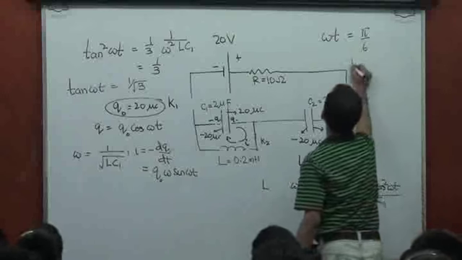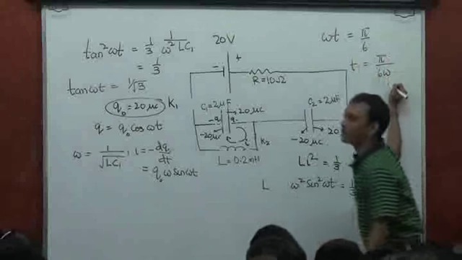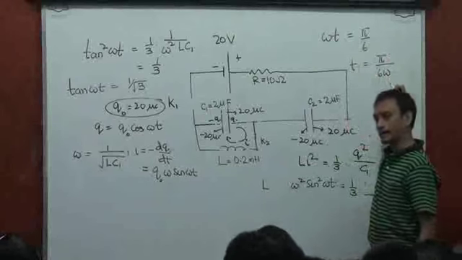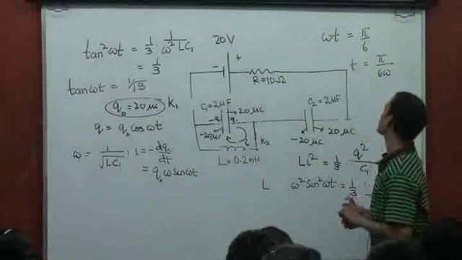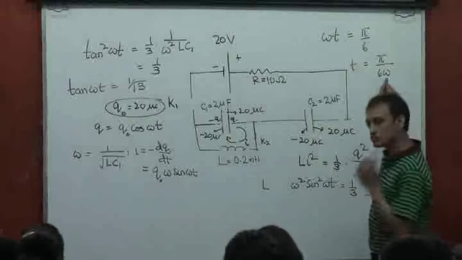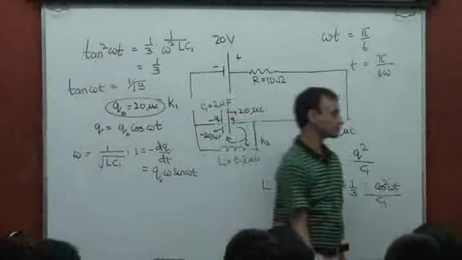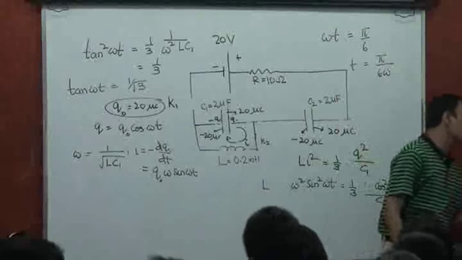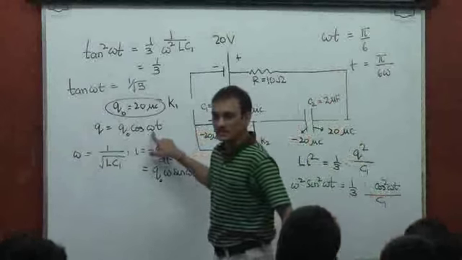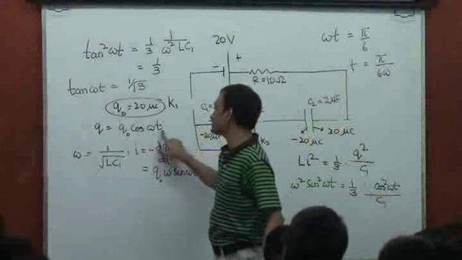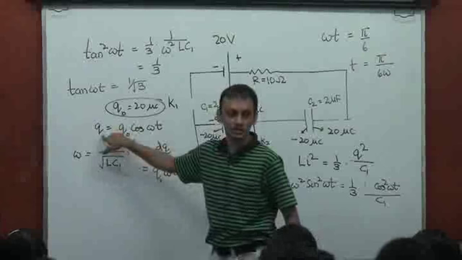So then t would be pi by 6 omega, where omega is 1 by root LC1. And at this instant of time t, you can obviously find the charge. Omega t is 30 degrees, so cos 30 degrees, so root 3 by 2 into Q naught will be the charge at such an instant of time.